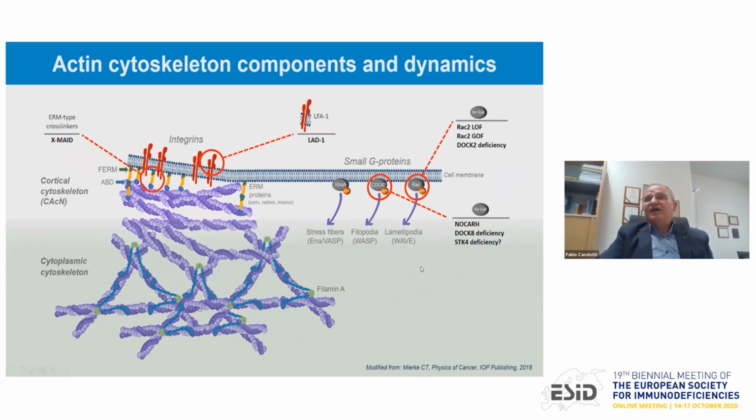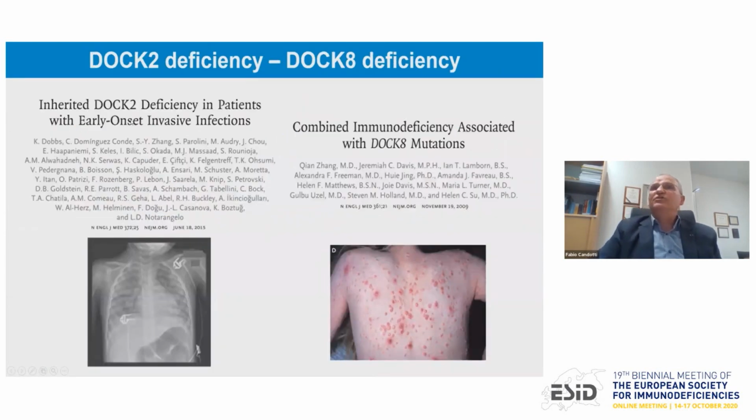In fact, as you know, mutations in DOCK2 and DOCK8 have been described by the groups of Luigi Notarangelo and Helen Su, and they are very well-known disorders now that present with recurrent infections, lymphopenia, and defective lymphocyte migration and activation.